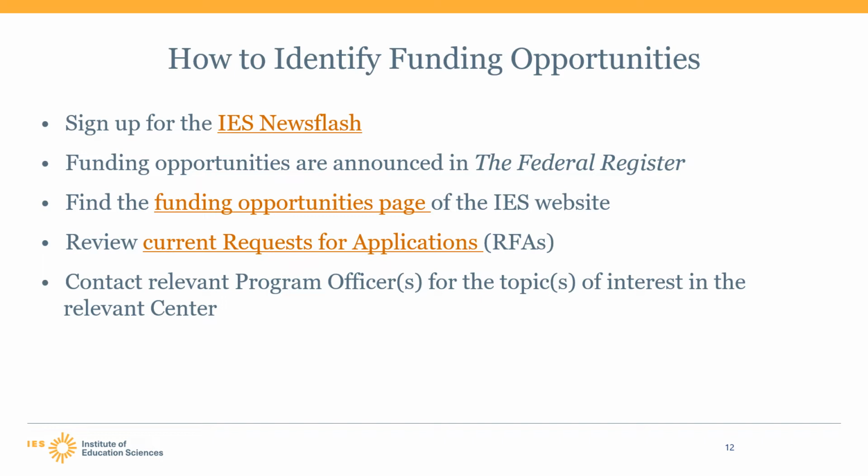Once you are on the IES funding page, navigate to the Request for Applications page and review current requests for applications, which is our notice that grant funding is available. Most importantly of all, but only after you've read the relevant RFAs, contact the relevant program officers for the topic or topics of interest in the relevant research center.